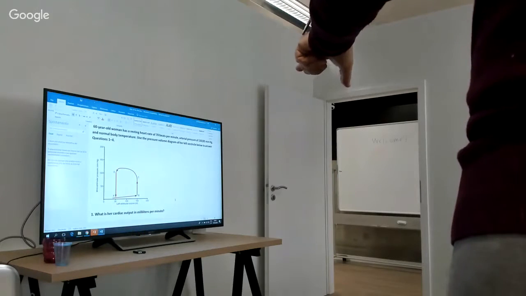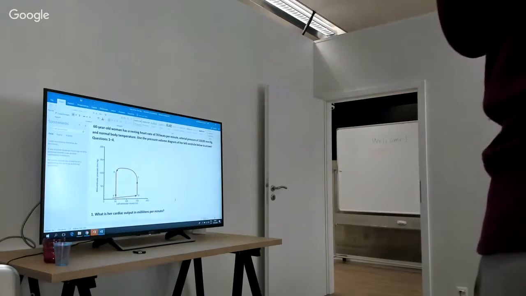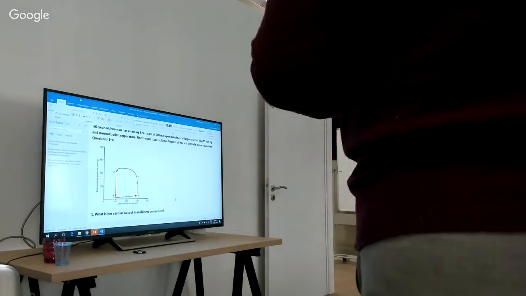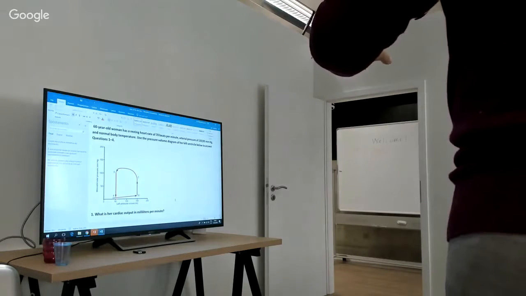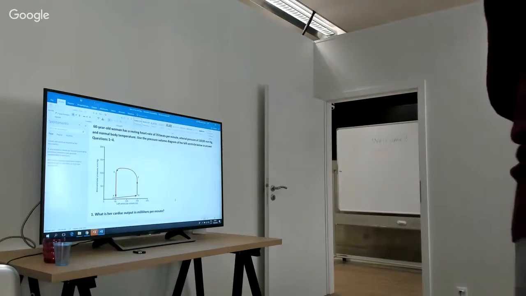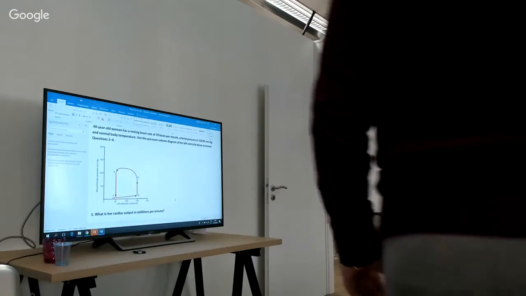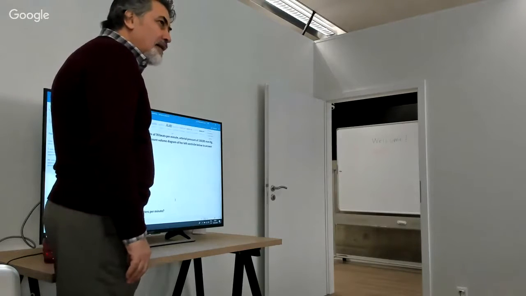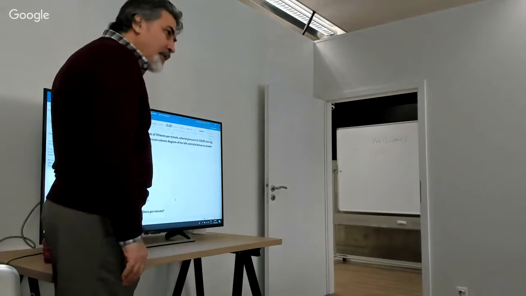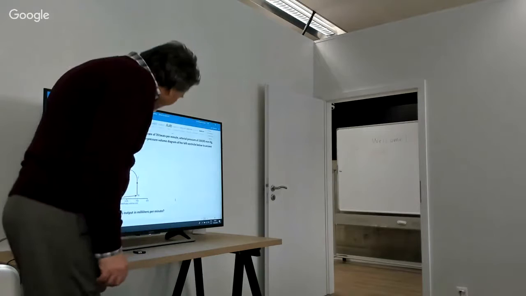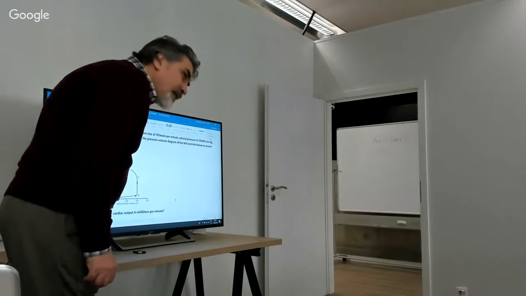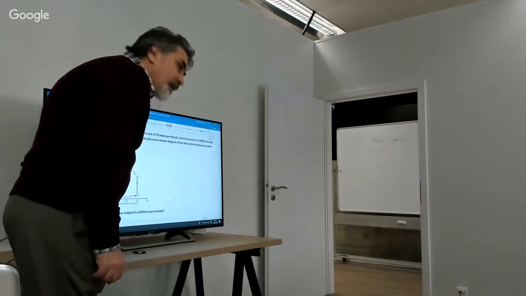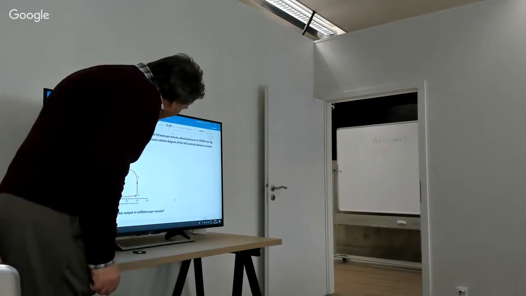The question is, what is the cardiac output in milliliters per minute? You have some options. Do you need the options, or can you already do the calculation? I want to show you one thing. This graph is not very good because this is isovolumic relaxation.